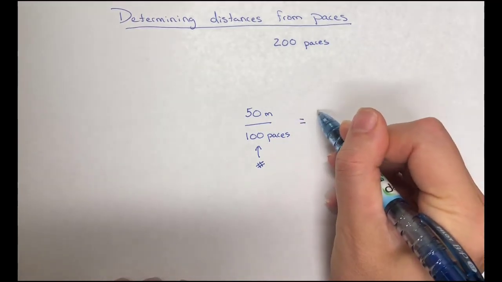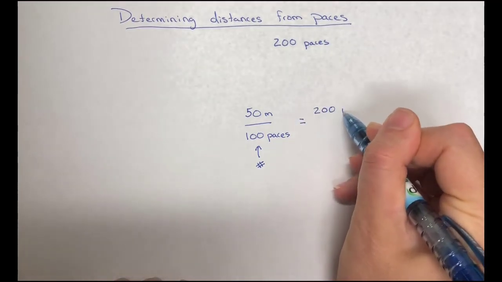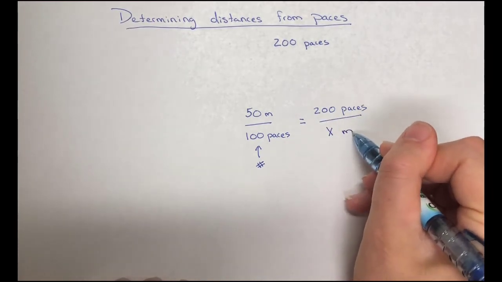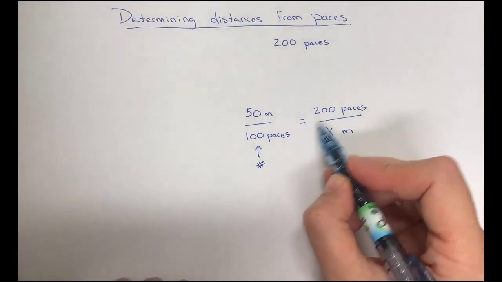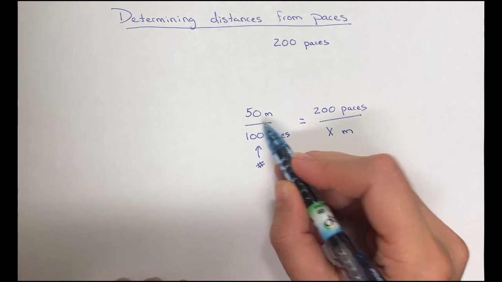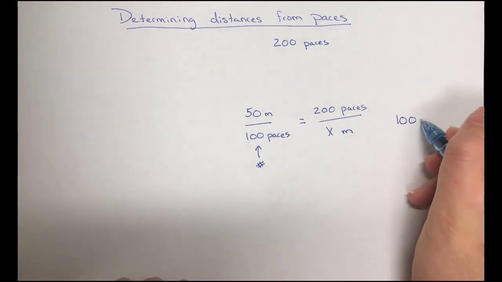Then you can set this up equals 200 paces and then you're solving for x meters. So you take 200 divided by 100, which is 2, multiply that by 50, and that would be 100 meters between those trees.